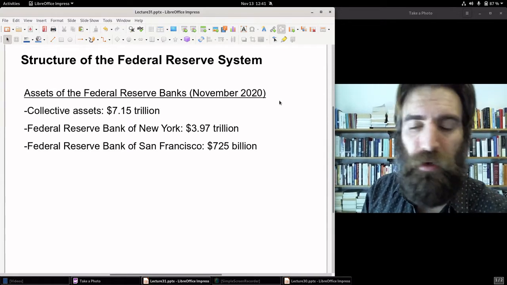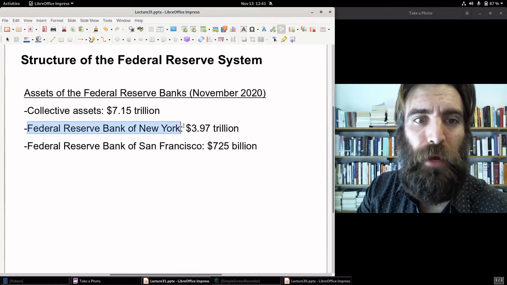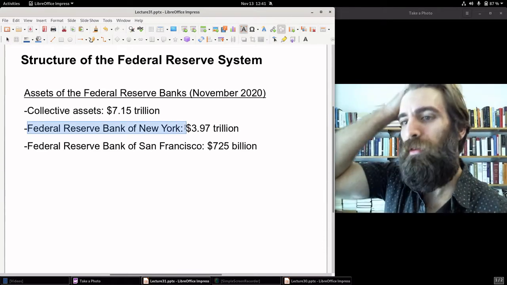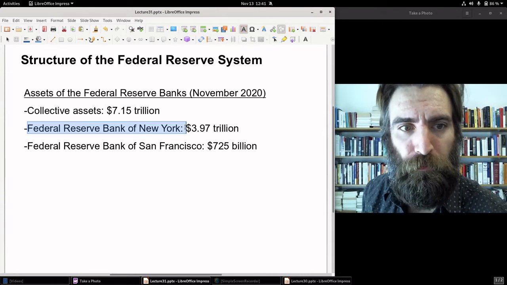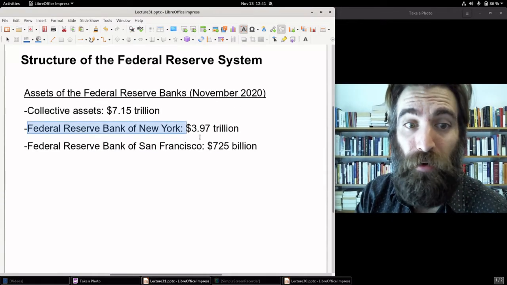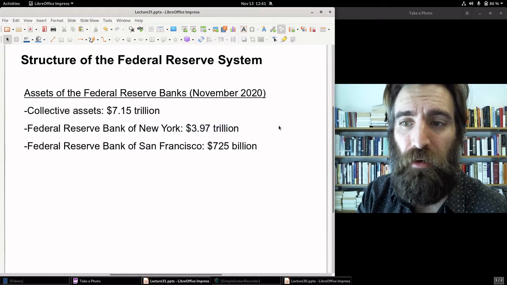That's a lot of money. Now, of those banks, the wealthiest is the Federal Reserve Bank of New York, and this is always the case. The Federal Reserve Bank of New York has always been the wealthiest of the 12 banks. And they have, as of November 2020, close to $4 trillion of assets.